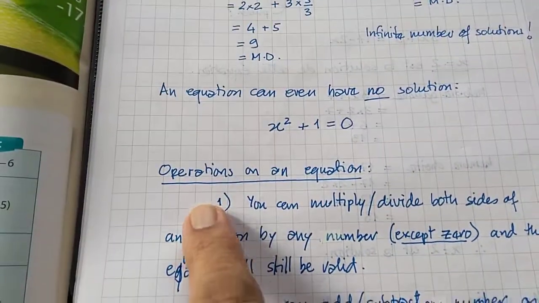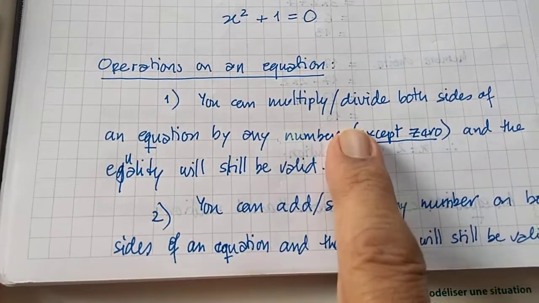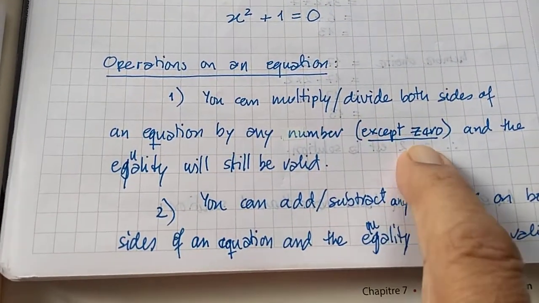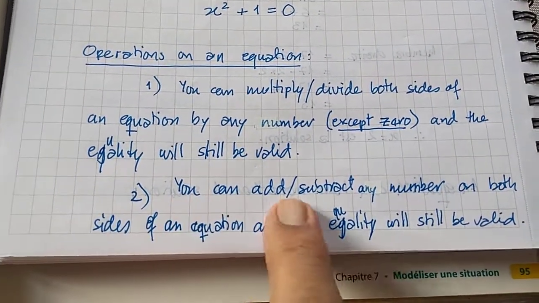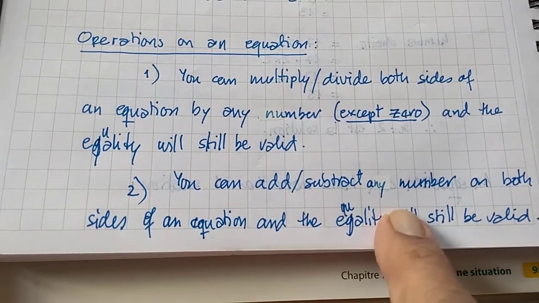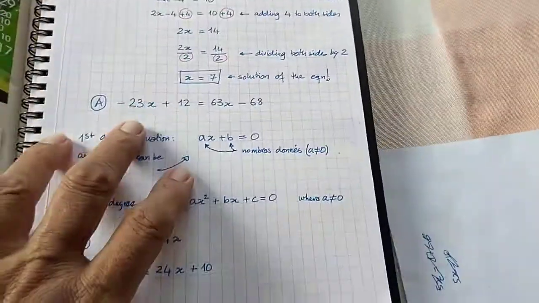So these are the operations you can do on an equation. On both sides you can multiply or divide by the same number except 0, and you can add or subtract to both sides of an equation and the equality will still be valid. So all 4 operations you can do as long as you do them with the same number on both sides.